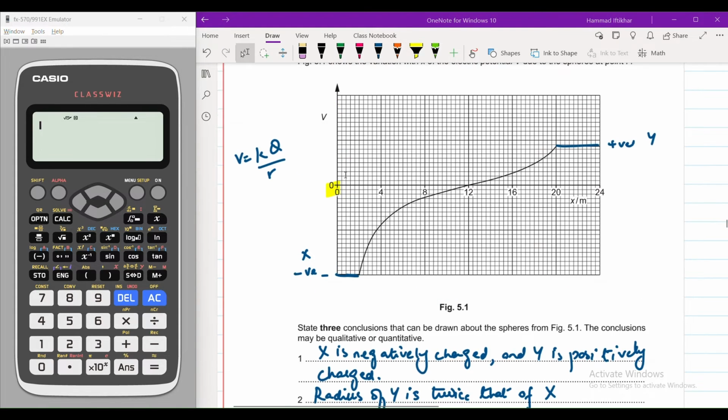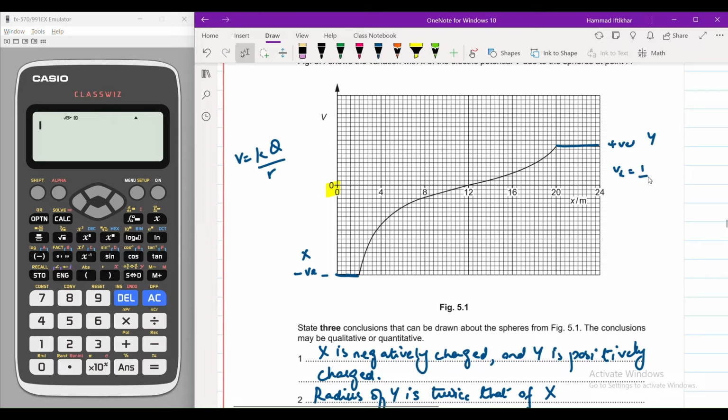Now let's see any other conclusion that we can make. Let's think about the charges. The radii are different, and the potential of Y is roughly half of that of X. So let's see what that means.